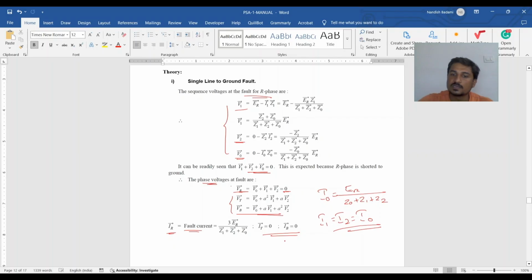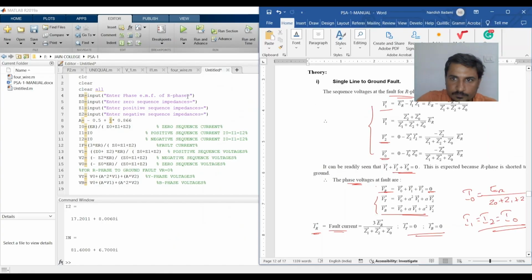For this, if you want to write a program, I've already written the program for these equations. We need to calculate the voltage and current values, and Z0, Z1 and Z2 are the predefined values that we are going to fetch as input values, and the value of ER is also fed as input to the program.